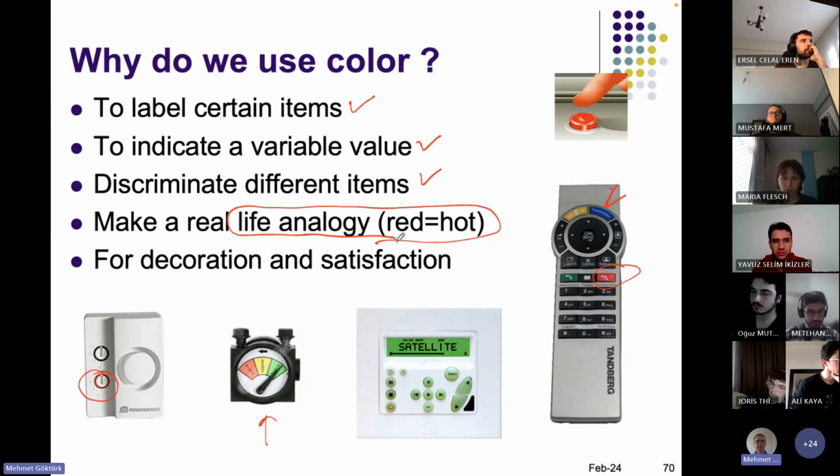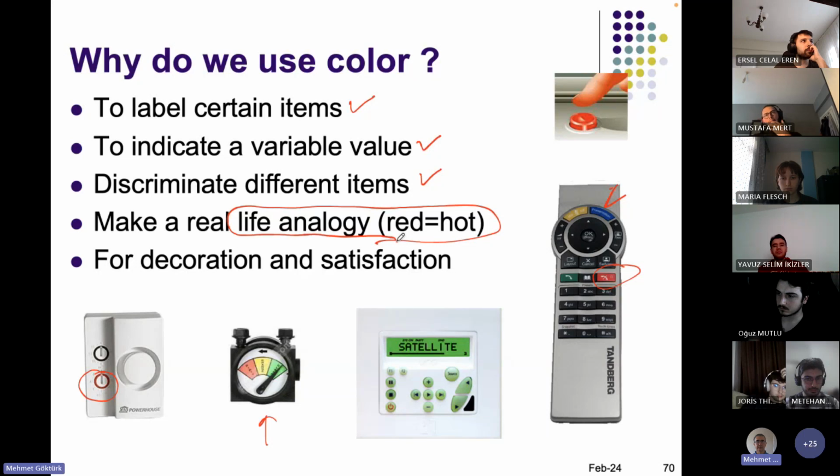For the heating, we don't use green and red. We use blue and red because it is more related to cold and hot.